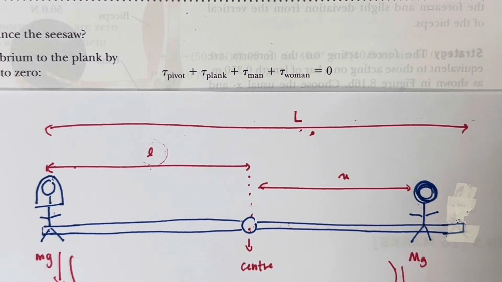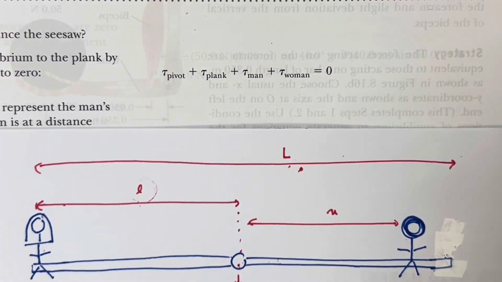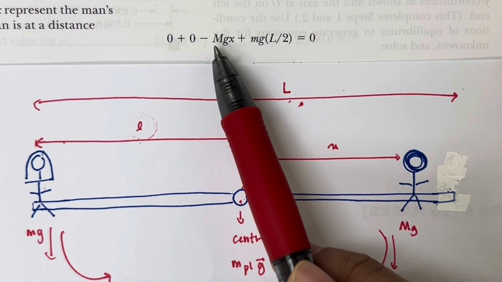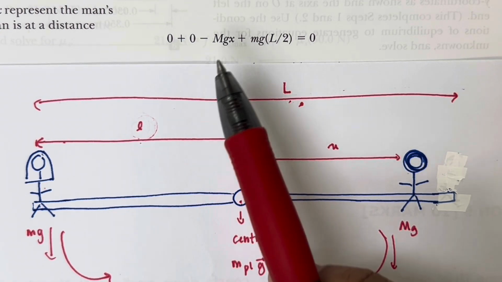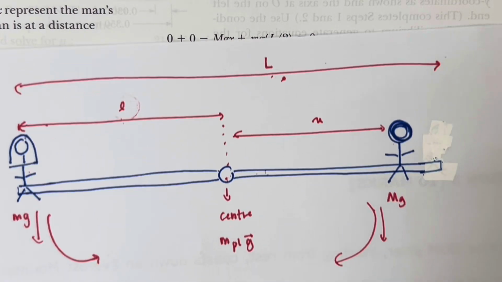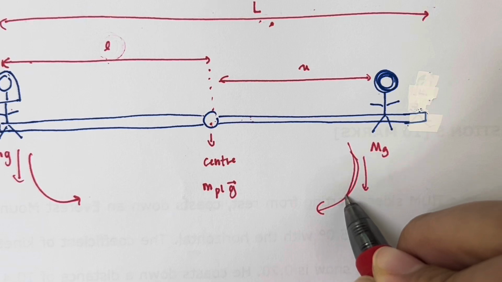The torque for the man right now, we will have negative mgx. Why do we have negative mgx? The weight of the man, the rotation for the man, will go downward like this.